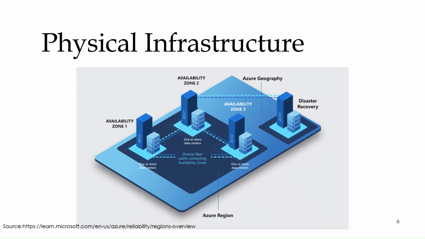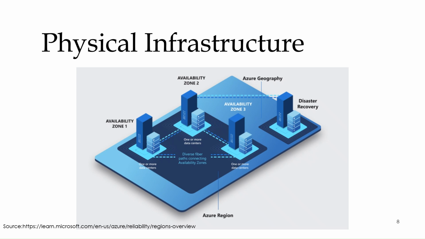Now, it is important to note that most Azure regions are paired with another region within the same geography, such as US, Europe, or Asia, at least 300 miles away. So, the concept is known as paired regions.